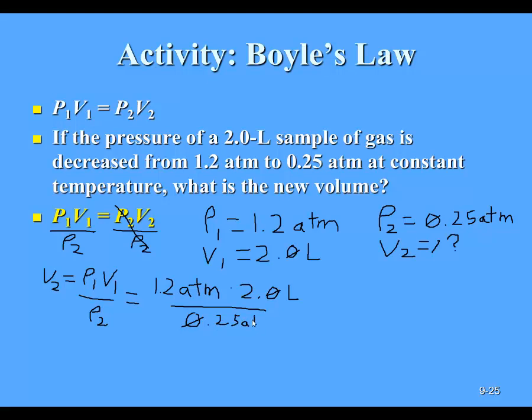So since I know that volume and pressure are inversely related, if I decrease my pressure, I expected my volume to have increased. And in fact, if I calculate this, we have the 1.2 atmospheres times 2 liters divided by 0.25 atmospheres. We're going to end up with a final volume under this situation of 9.6 liters.